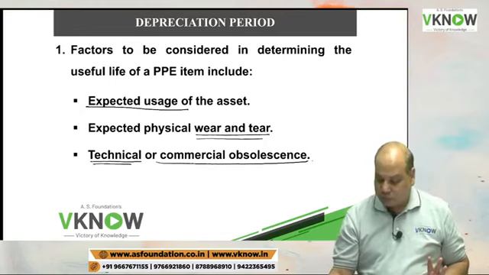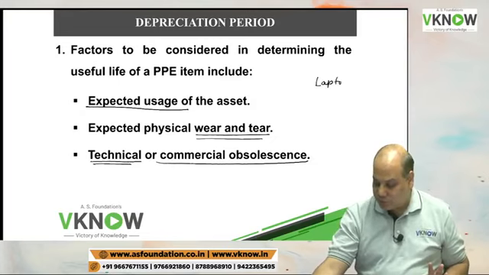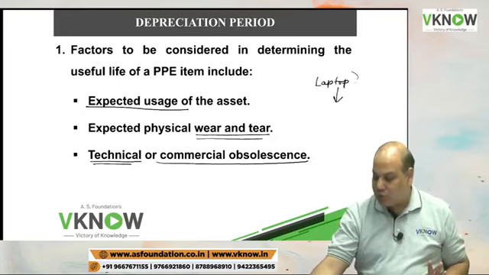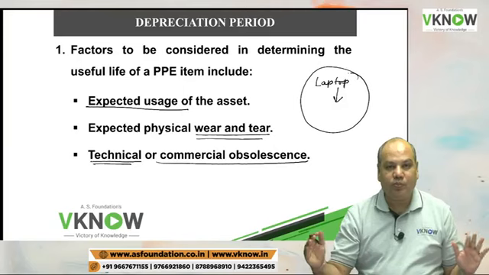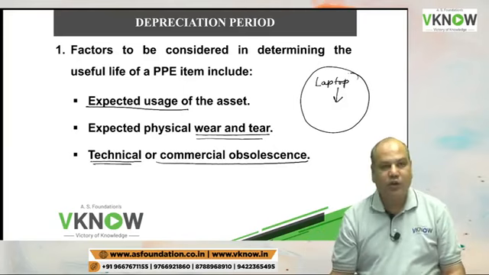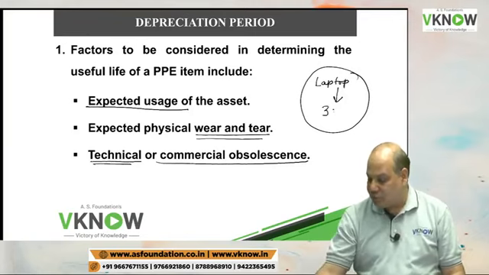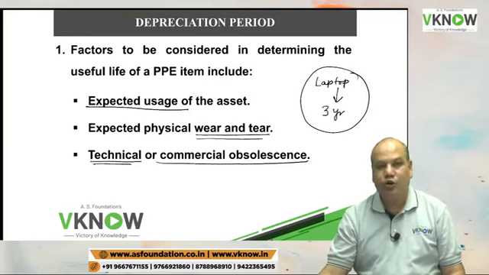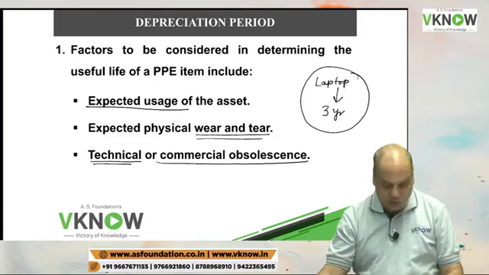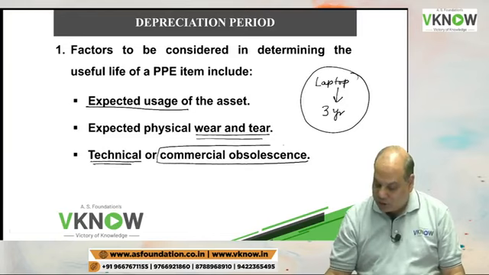Like if you buy a laptop, one has to keep in mind that this laptop may become obsolete after some time. So let us say every 3 years new technology comes, so maybe you will take into account the fact that technology may change. So 3 years. Sometimes there can be commercial reasons also.